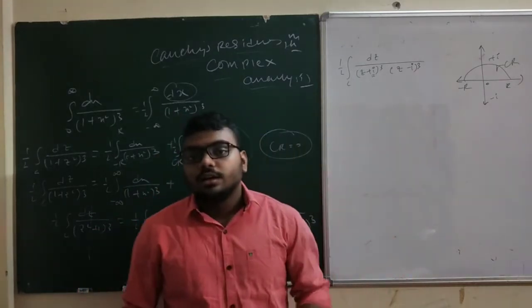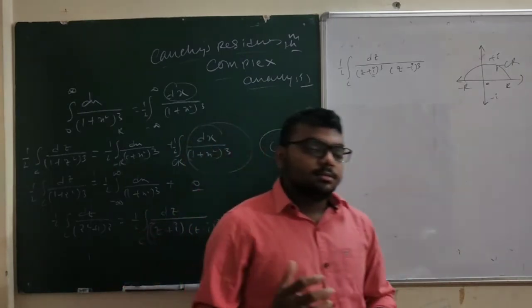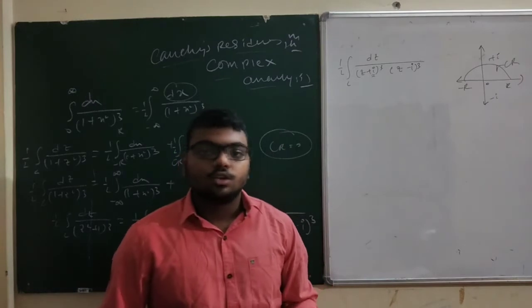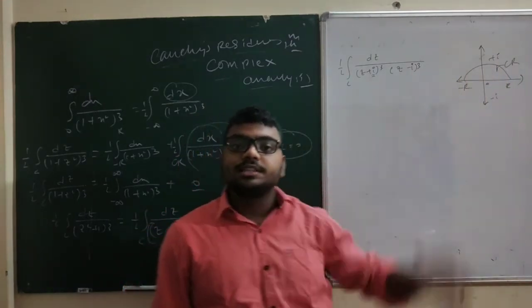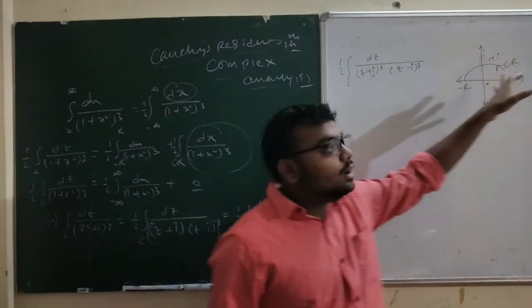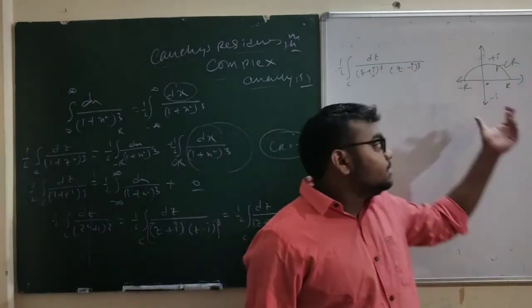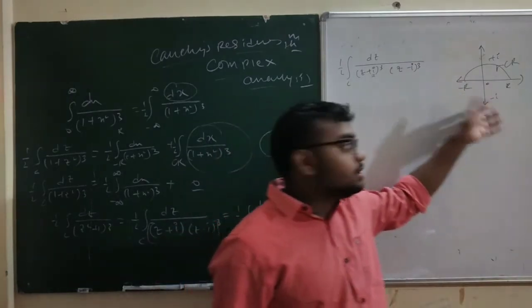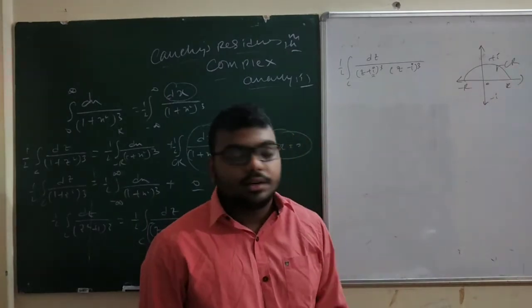We already discussed in the previous lecture that if the roots are outside of the contour, then there will be no residue in Cauchy's theorem. The roots we need to take are inside the contour. Outside of the contour, roots will be rejected. So z = i is inside the contour, while z = −i is in this position, outside, and it will be rejected.